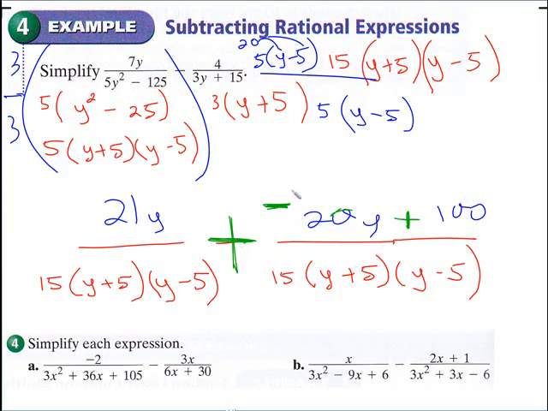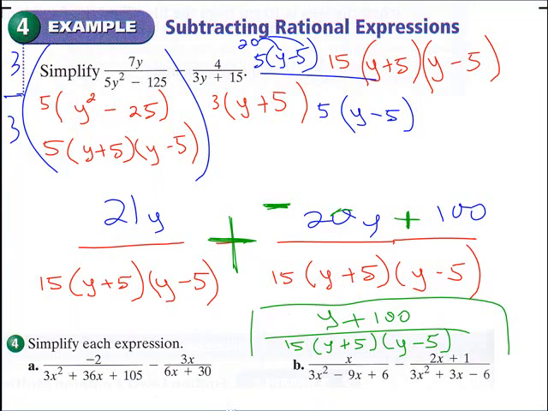That's the only thing different you have to do when it's a subtraction problem. Then just simplify the top, 21y and negative 20y, that'll leave you with y, and then plus 100 over whatever your LCM was, 15(y plus 5)(y minus 5). And then this would be your answer.